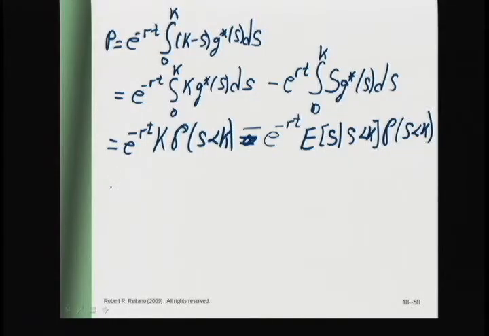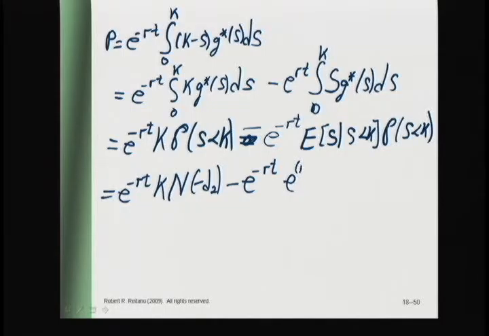So now we're done. I get e to the minus rT K. The probability that S is less than K is N of minus d2. And then I have an e to the minus rT. We have a formula for the conditional expectation of S: it was e to the (r minus delta) T S0, times a ratio N of minus d1 divided by N of minus d2, and then multiplied by the probability of the condition, the same condition, N of minus d2.